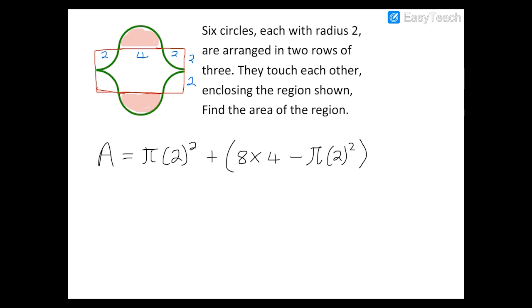Now this will be equal to pi 2 squared, which will cancel out with that pi 2 squared. So the area of this will just be based on 8 times 4, which is 32 square units. So sometimes you are required to divide your shape into smaller parts that are easier to deal with.